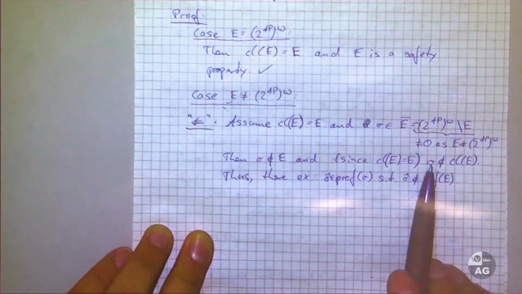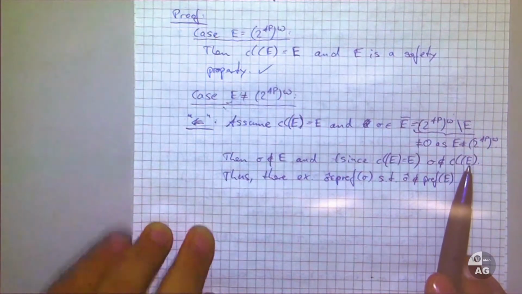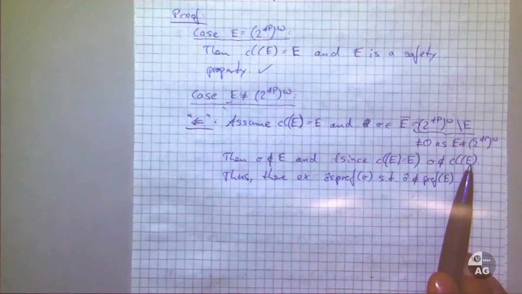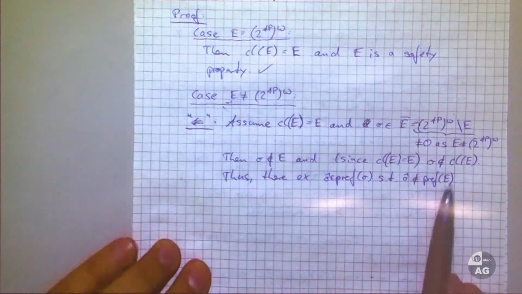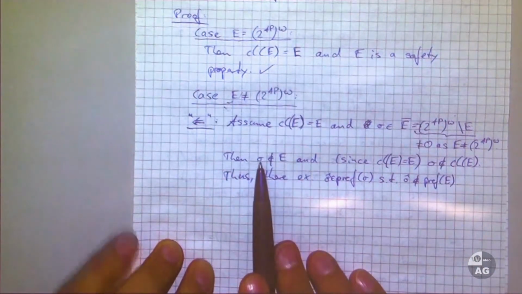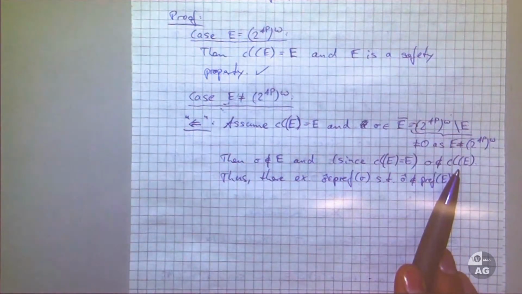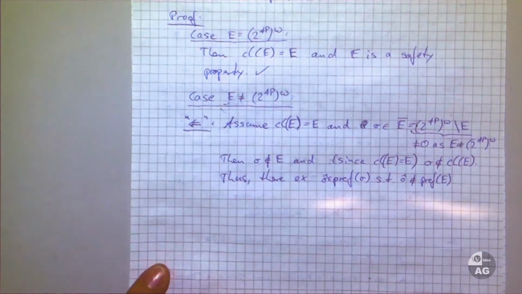Well, why is that? Our definition of closure of a linear time property, we add all the words such that all prefixes are prefixes of the property. But we just said we have a word, sigma, that is not in the closure. So there must be some prefix that we cannot find as a prefix over in the closure set, okay?